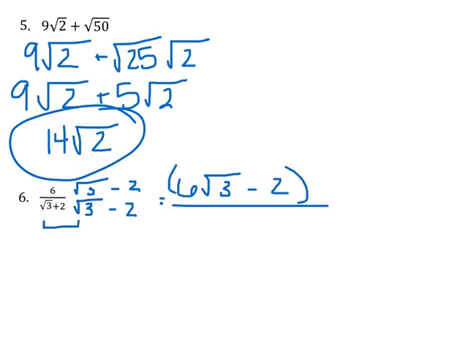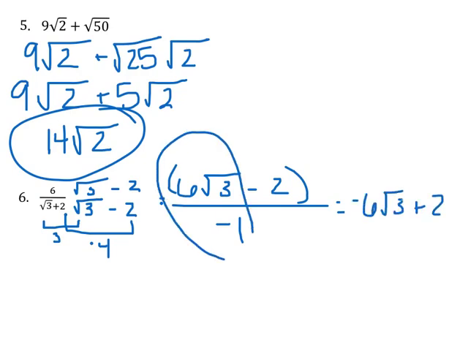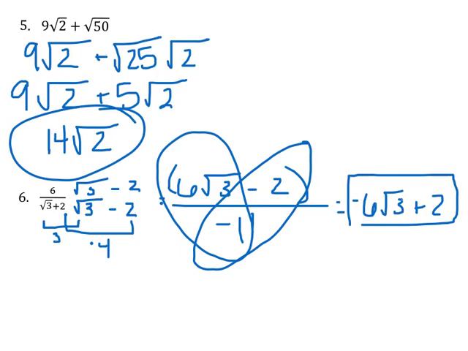Remember, since we're multiplying conjugates, our outer and inner terms will cancel when we do the FOIL method. So we're just going to multiply our first and last terms. Square root of 3 times square root of 3 is just 3. 2 times negative 2 is negative 4. 3 plus negative 4 is over negative 1. We can simplify that more, and we will get negative 6 square root of 3 plus 2, because we have to do 6 divided by negative 1 and negative 2 divided by negative 1, which will get us this as our final answer.